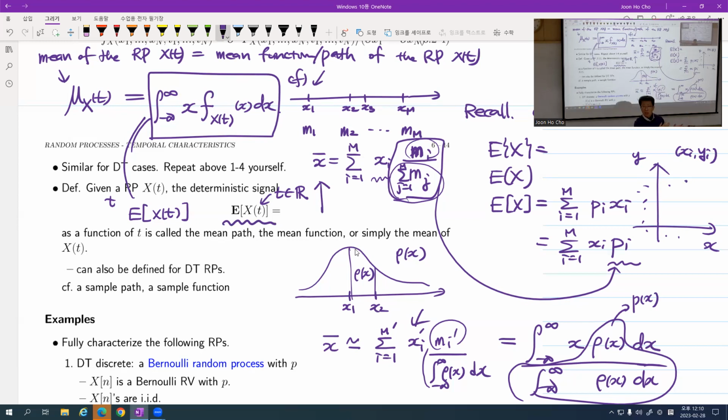A two-dimensional density function, a joint density function, right? And you know that two totally differently distributed scatter plots may give you the same thing. For example, sometimes you have this ring and sometimes you have this straight line, which may give you the same first order PDF for X and Y, right?